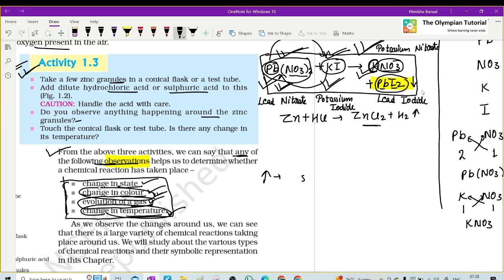And we have done this in change in color. If we are observing change in color in any reaction, then it is a chemical reaction. So we can write this example in change in color. We also write this example in double displacement.